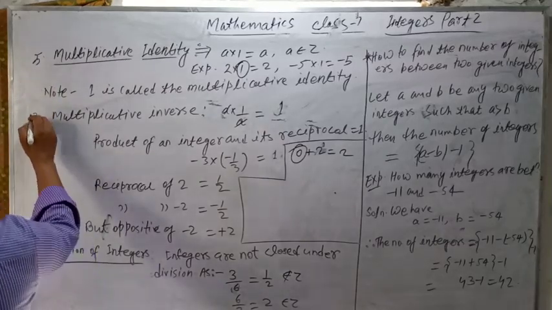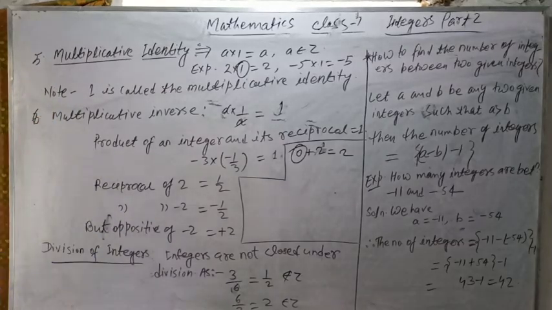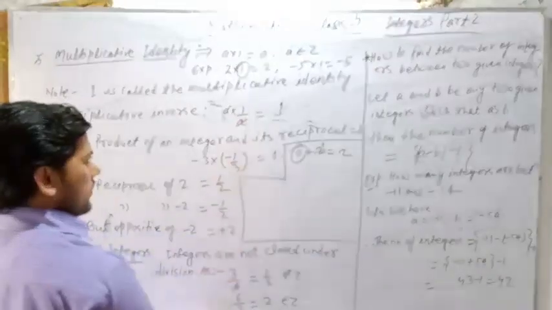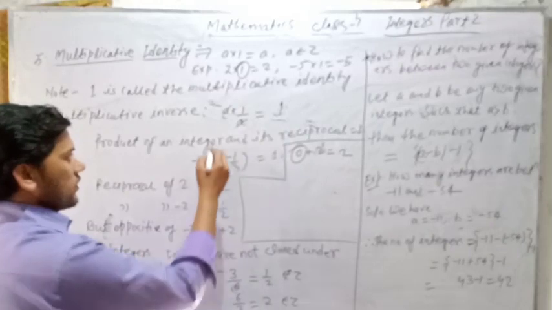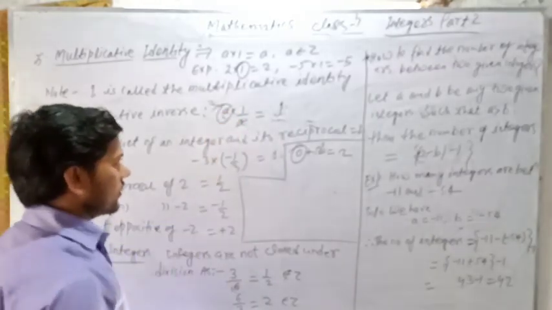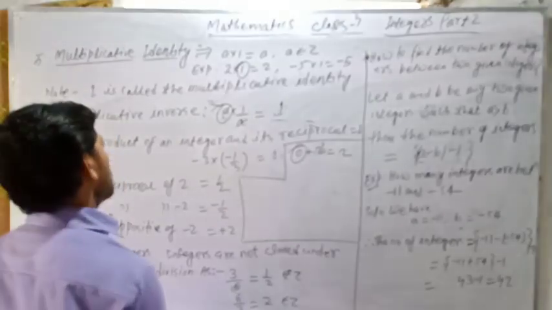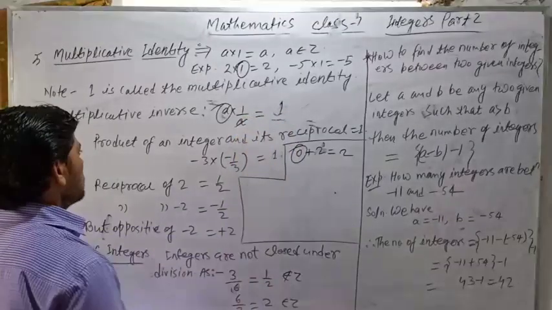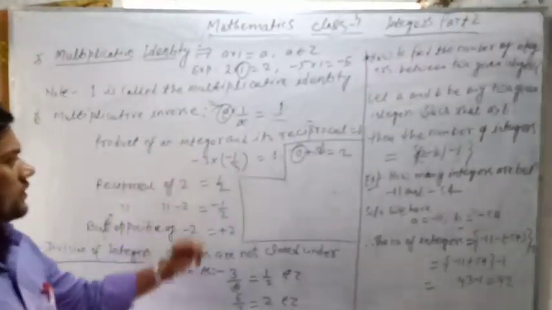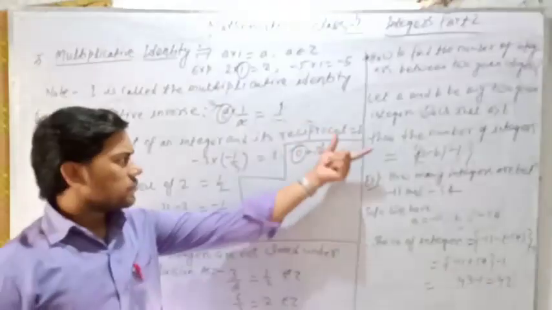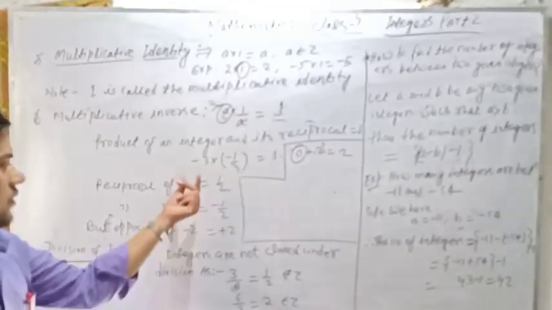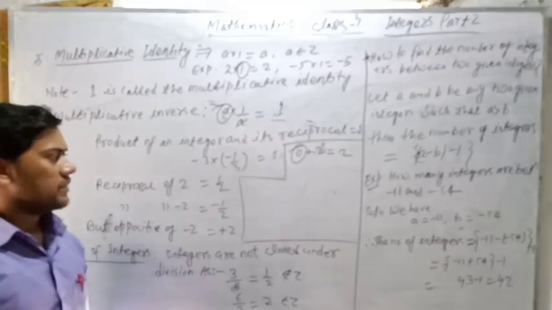Multiplicative inverse: A into 1 by A is equal to 1. Here A is an integer and 1 by A is the reciprocal of that integer, so the product will be 1. The product of an integer and its reciprocal is 1. Suppose minus 3 is an integer.